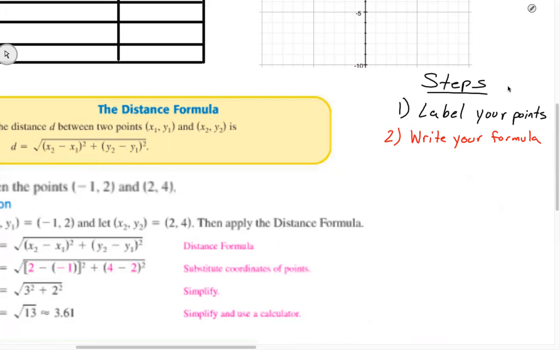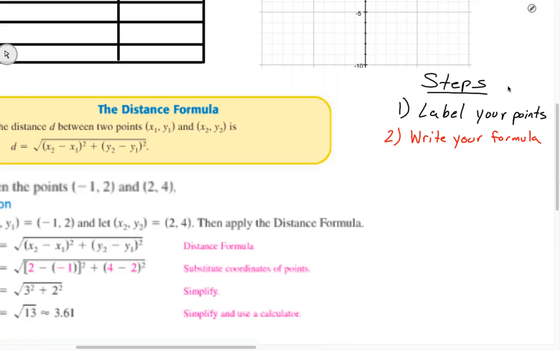It might be your distance formula, okay? D equals the square root of x2 minus x1 squared plus the quantity of y2 minus y1 squared. That might be the formula you write. But in any case, you should always label what you have so you know what you're substituting in for.